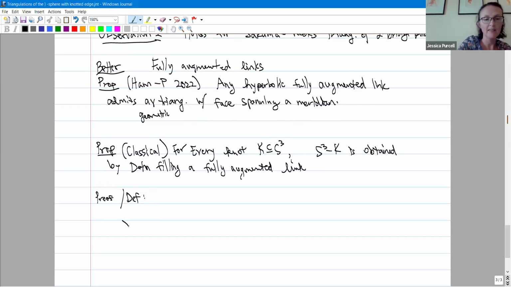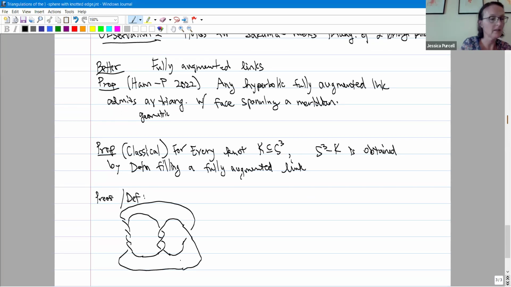So start with a diagram of a knot. Okay, so here's a nice diagram of a pretzel knot. You could take any knot that you want, and you find the twist regions. A twist region is a portion of the diagram where two strands twist around each other maximally.